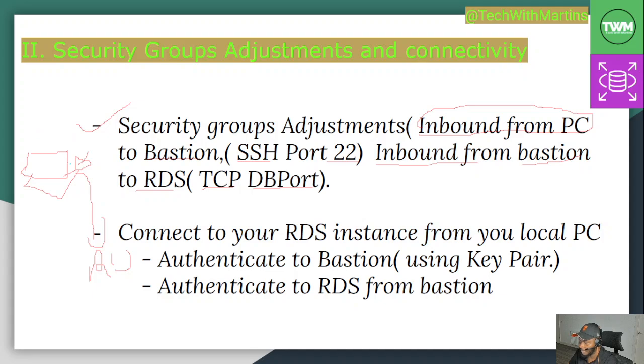So we need the key pair of this EC2 instance, and we need the public DNS or the public IP address of the EC2 instance. Then we can SSH to this EC2 instance, and from the EC2 instance we authenticate to our RDS instance. With that said, we can move to our management console.